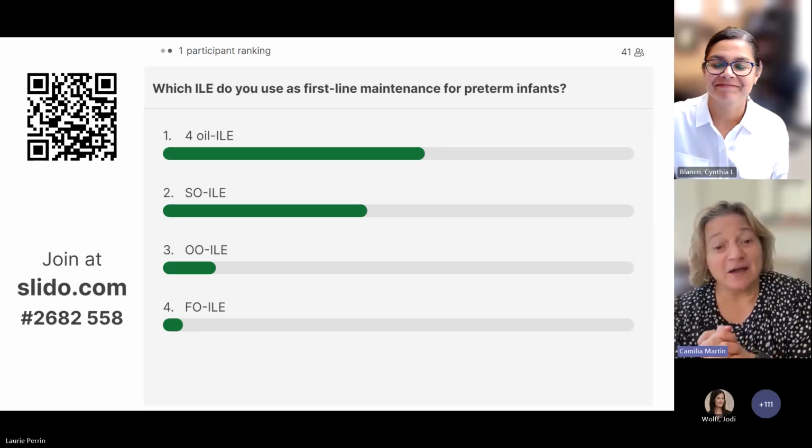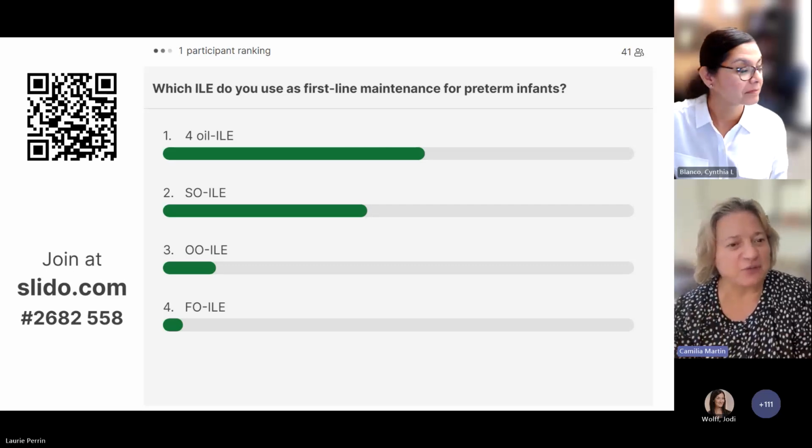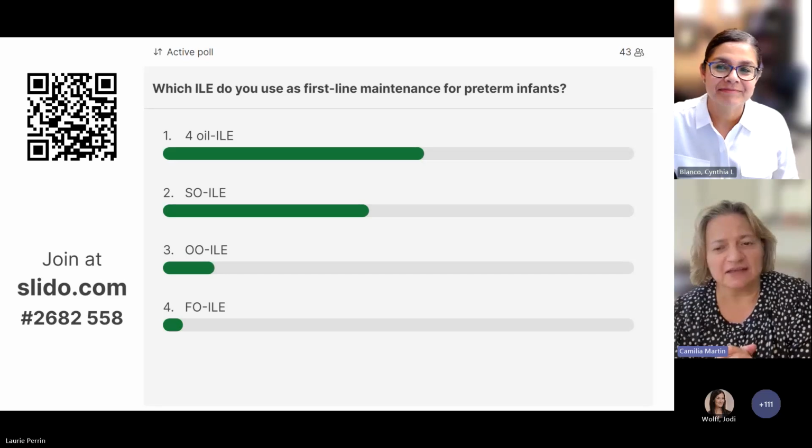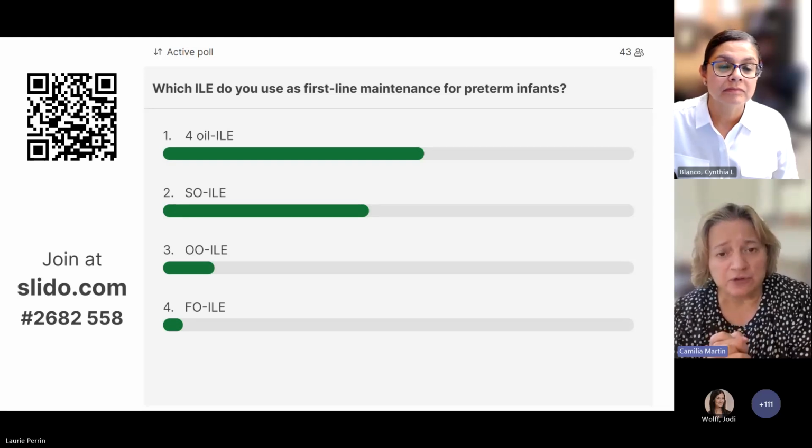So I think this is kind of in general, Cynthia, what do you think? This is kind of my impression as well, that it's still dominated by the first two: the 4-oil lipid emulsion and the soybean oil. I do think when the 4-oil lipid emulsion came out, it started to pick up some nice pace in its use.